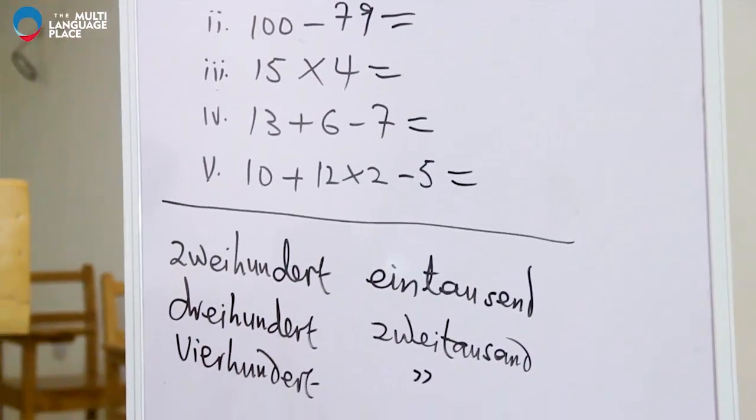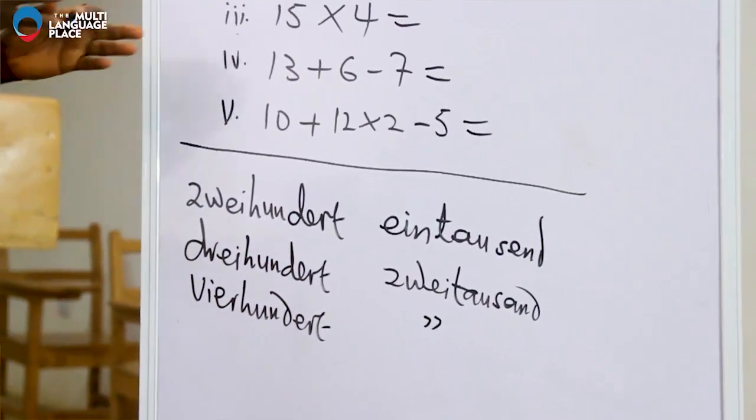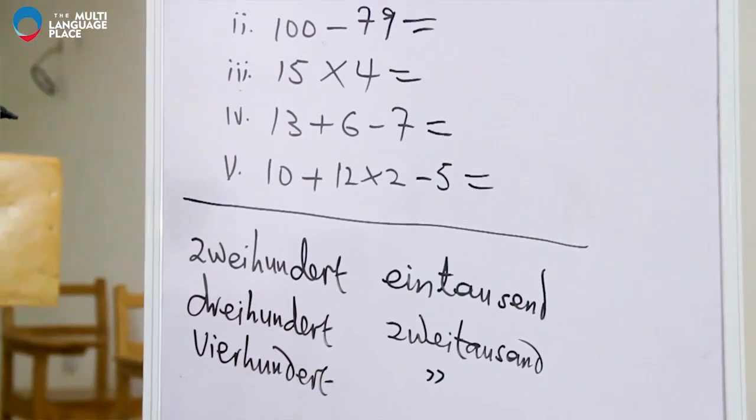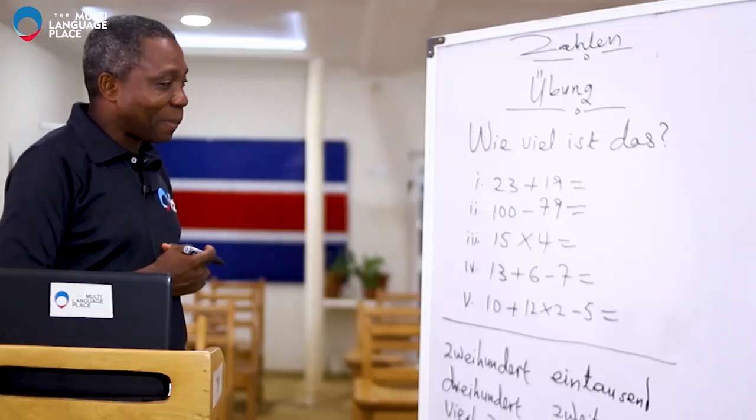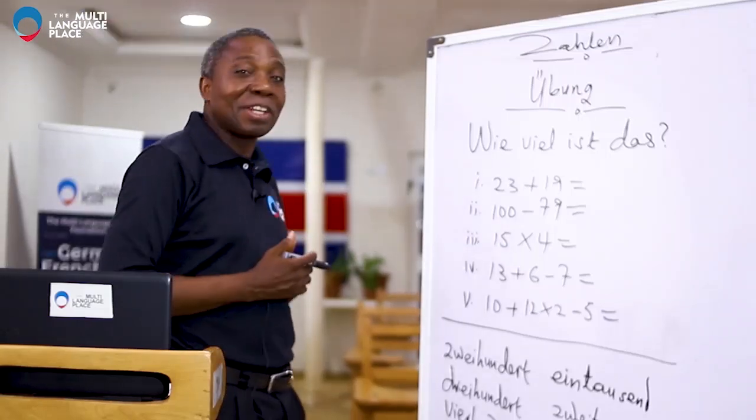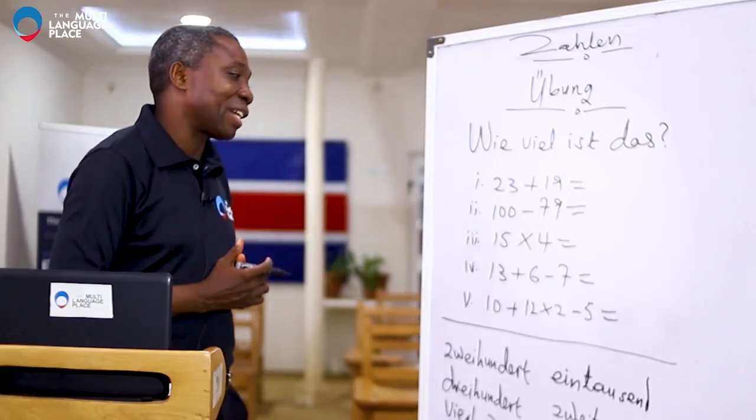So I want you to do that now quickly. Just get it done, and then I'll supply the answer so that we can see if you have really mastered the numbers and then the little arithmetic.